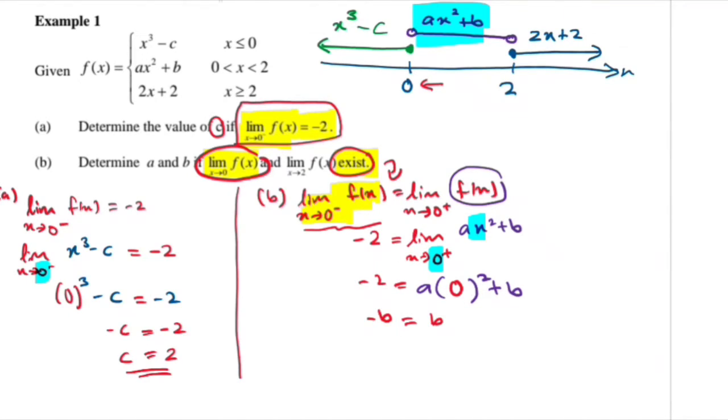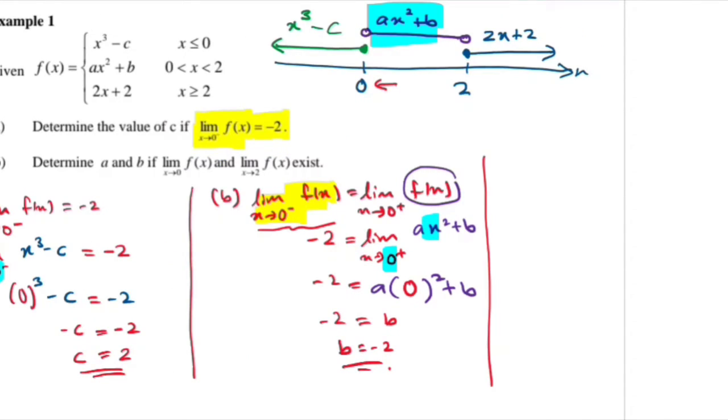The value of b is negative 2. But that's not enough because the question wants us to find the value of a and b. And there's one more piece of information that we have not used: the limit of f(x) as x approaches 2 exists.